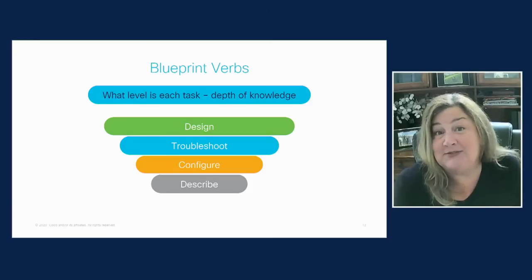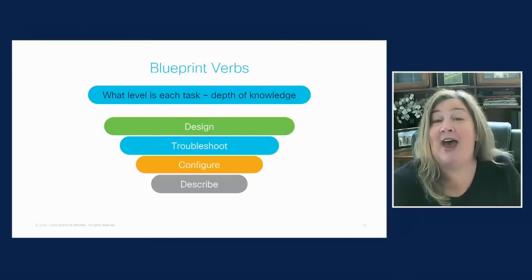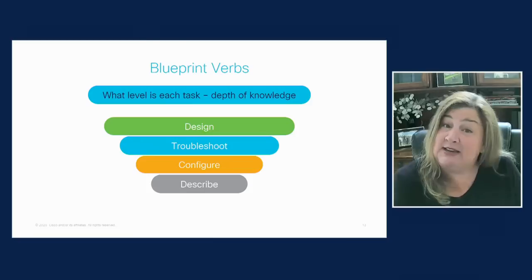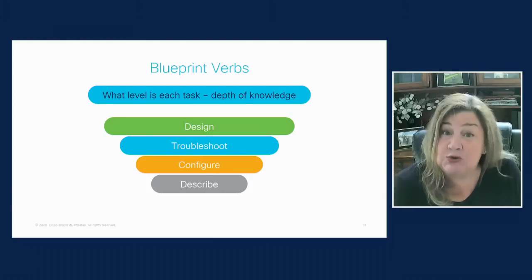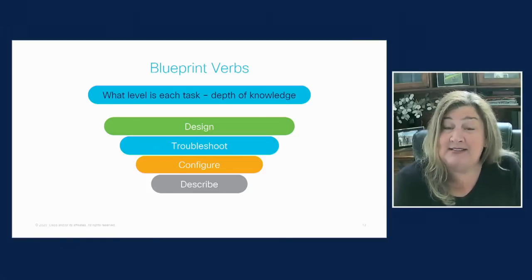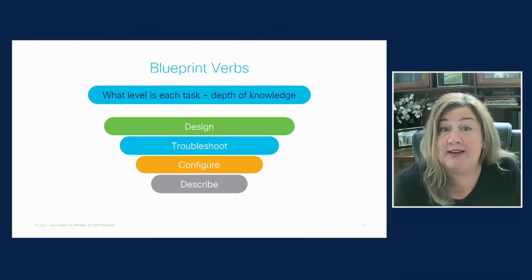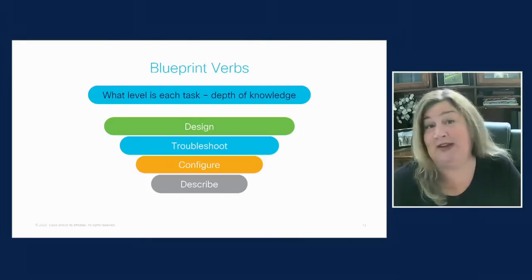We call that cognitive complexity. It's a fancy word, but it just means what has to happen in the brain to understand that, to actually do something. Okay, so when you see tasks like that that start with those verbs, that's a little bit deeper.